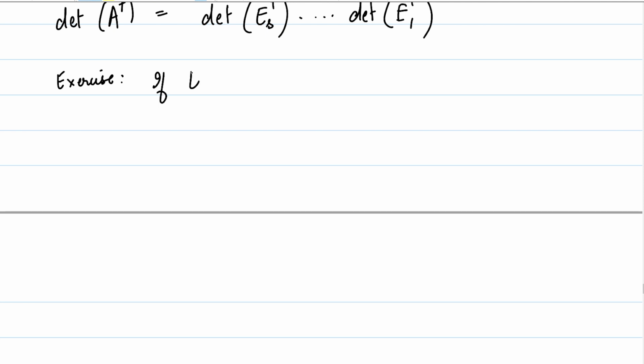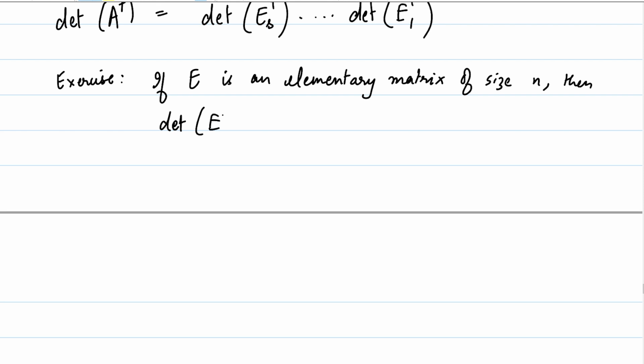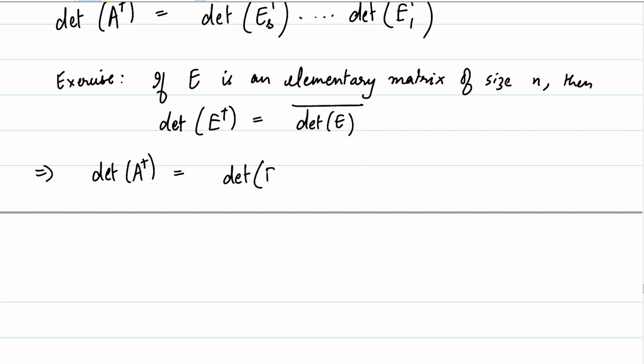For if E is an elementary matrix, then the determinant of the adjoint of E is the conjugate of the determinant of E. Easy check. If E is an elementary matrix of size n, then determinant of the adjoint of E is equal to the conjugate of the determinant of E. Using this exercise, the determinant of the adjoint of A will just be equal to determinant of E_S bar times up to determinant of E_1 bar.